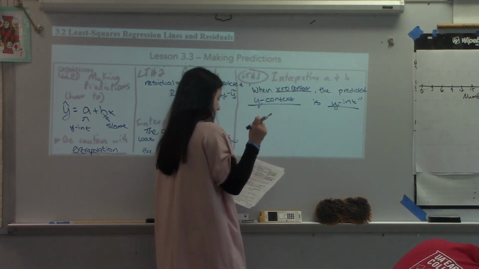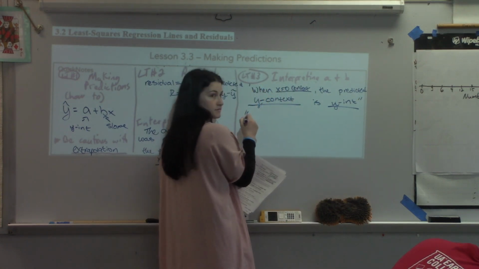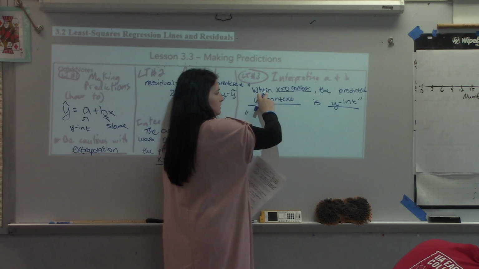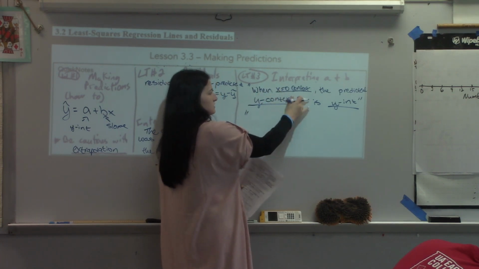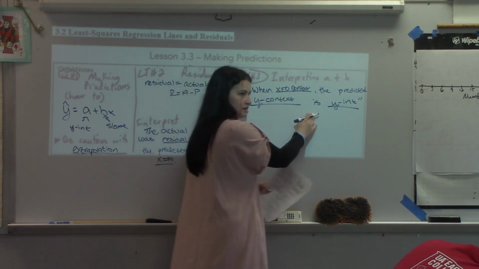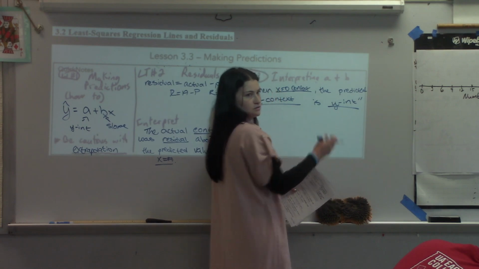Does that make sense? Yeah. Like in the last one, when in year 0, the predicted life expectancy is negative 492.